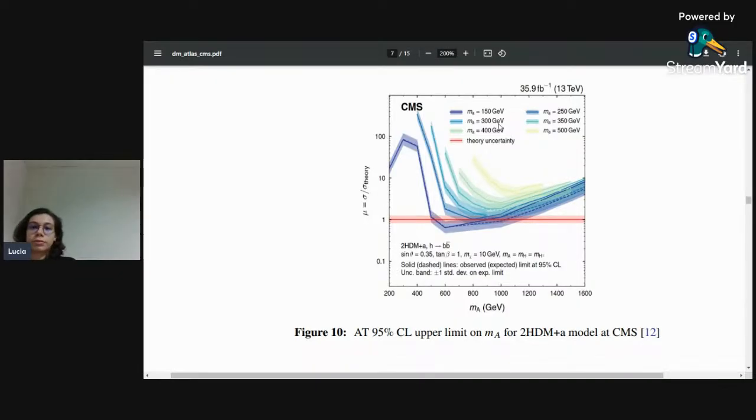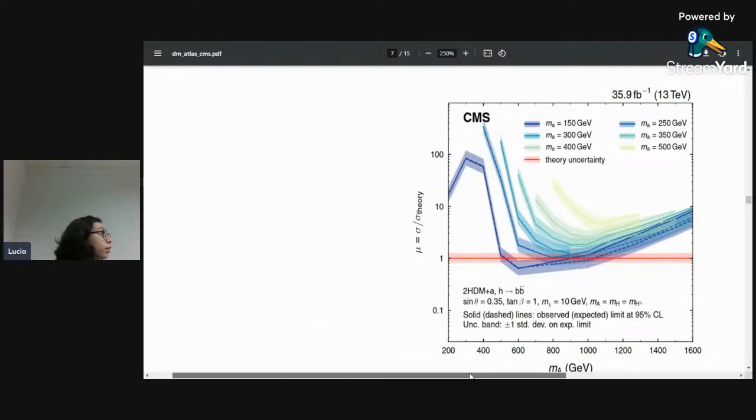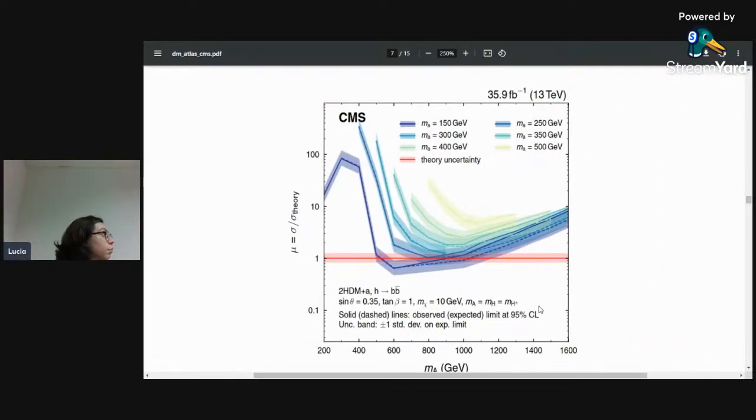So they considered, it's not a scan, but some different values for the mass of the pseudoscalar A, the minor A, and these bars are just the uncertainty regarding this.